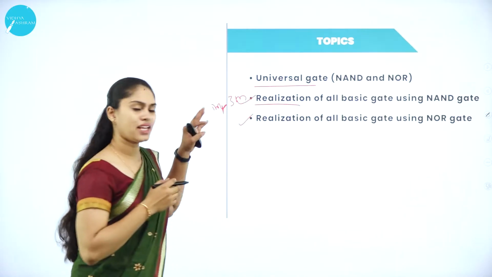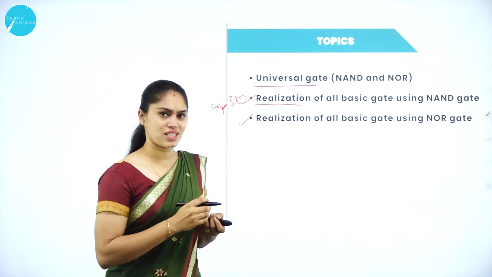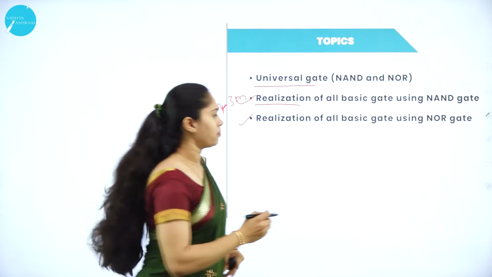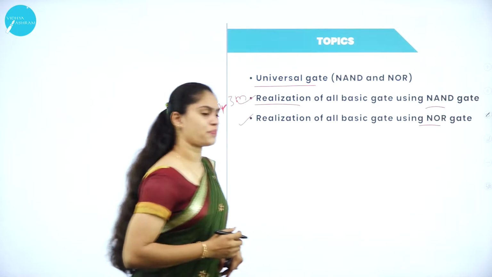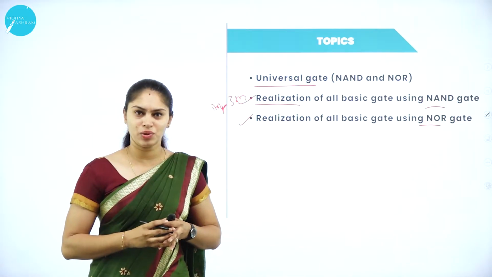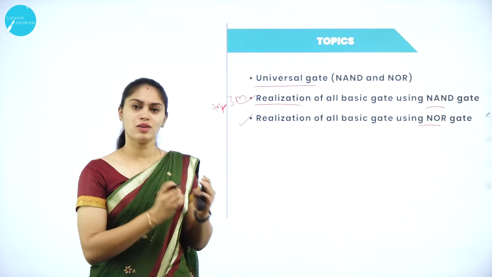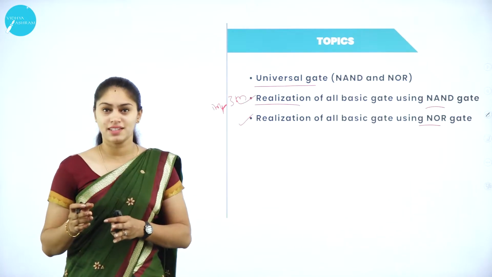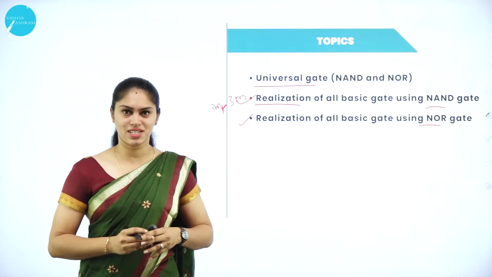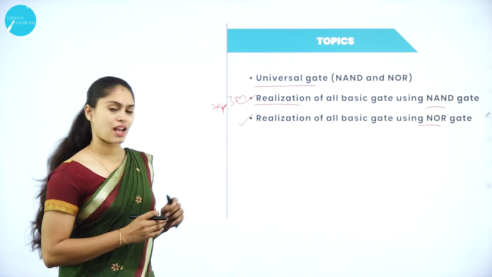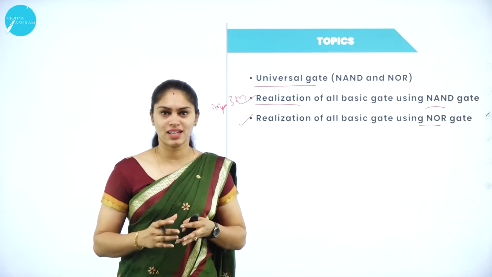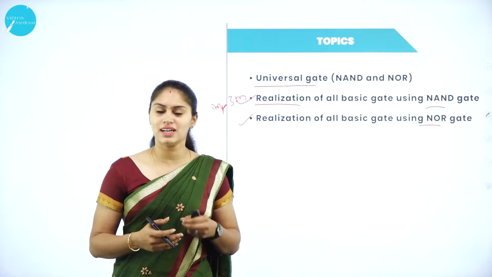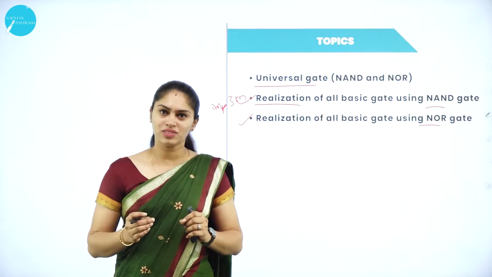Here you can expect either realization of a basic gate using NAND gate or by making use of NOR gate. So when it comes to the universal gate, we know what is gate, what is basic gate and what is derived gates. When it comes to the universal gate, we are going to consider NAND and NOR as a universal gate. So why are we going to consider NAND and NOR as a universal gate?